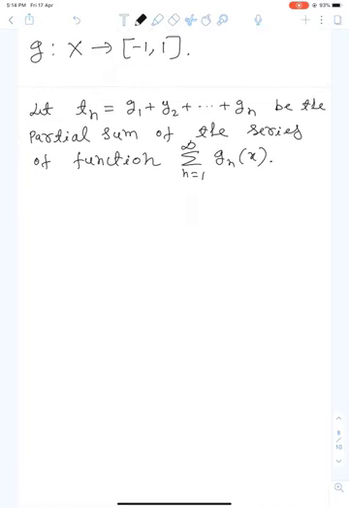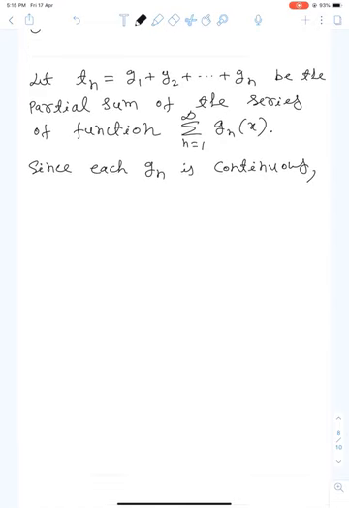Now obviously each of T_n is continuous, right? Now since each g_n is continuous, therefore T_n is continuous. Right?